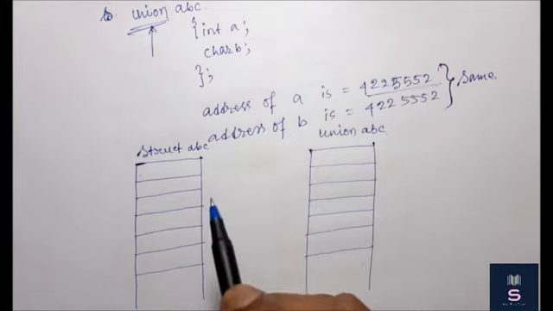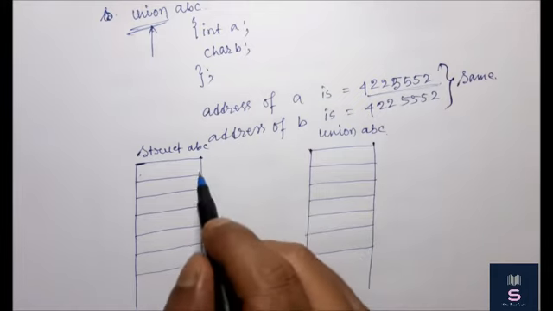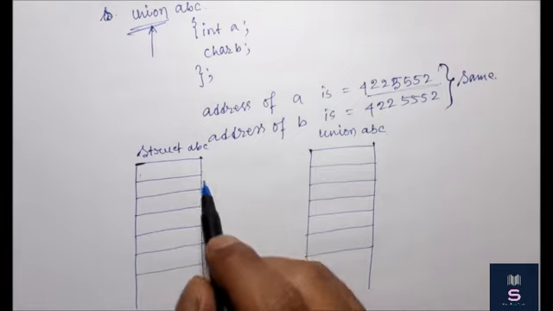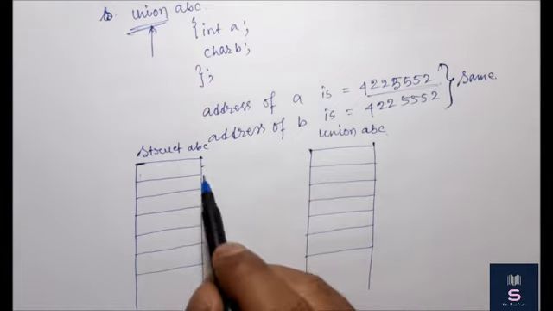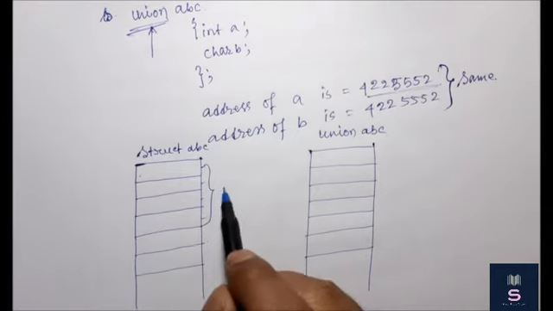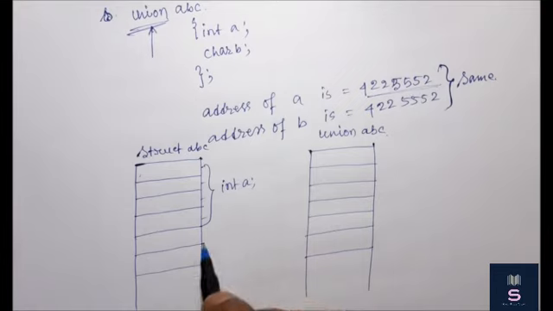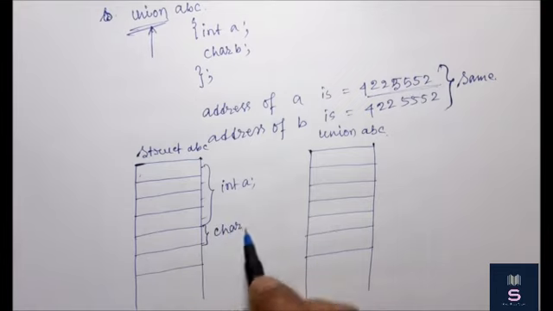So in this example, when I declare int a in case of structure, it takes 4 bytes in my system: 1 byte, 2 byte, 3 byte, 4 byte. So it will take 4 bytes for my integer a, and for character b it will take 1 byte.